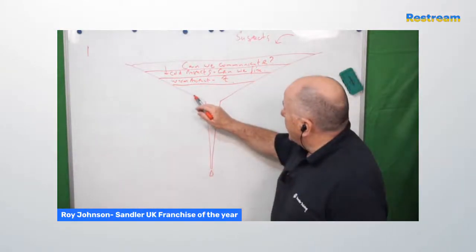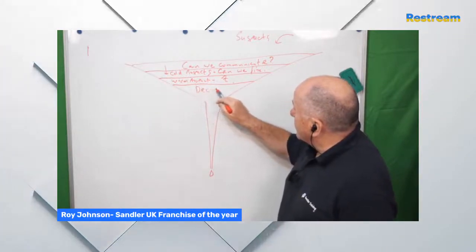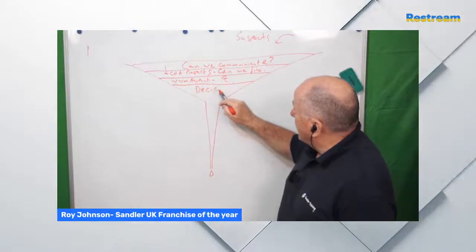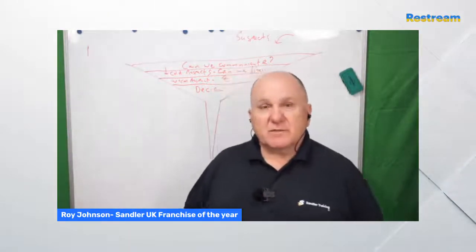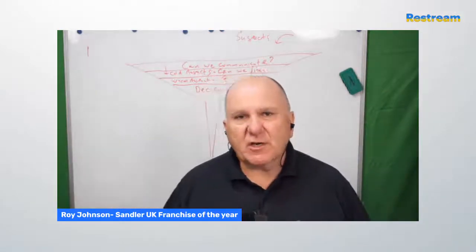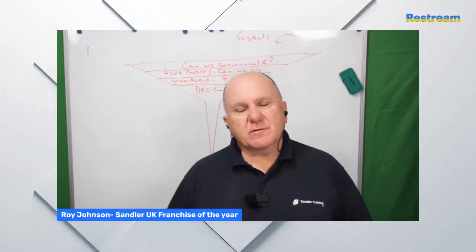Our next job then is, are we happy with the decision-making process? And that doesn't necessarily mean the decision makers, although we need to get in front of those eventually, or at least have a line into these people. It means the process that they go through, the timescales that they go through.